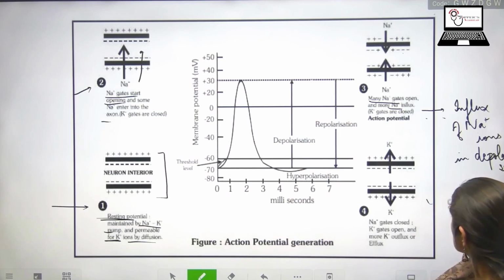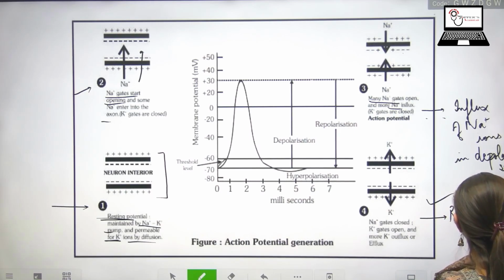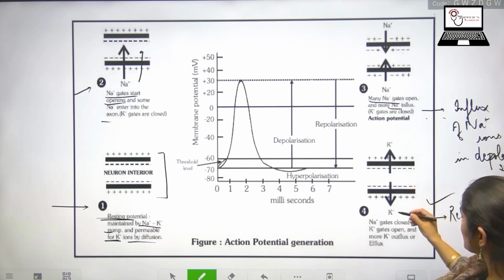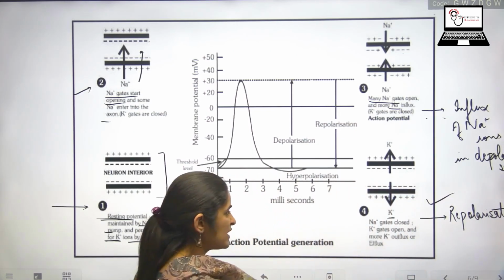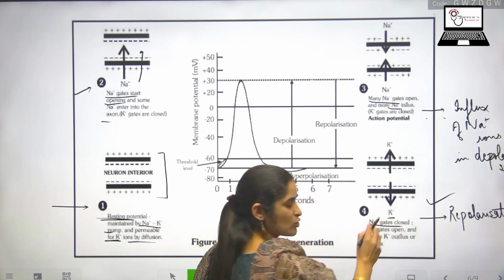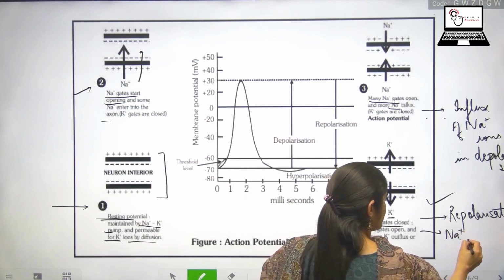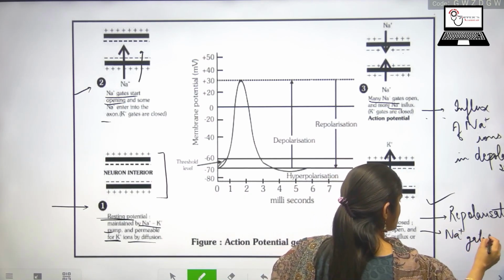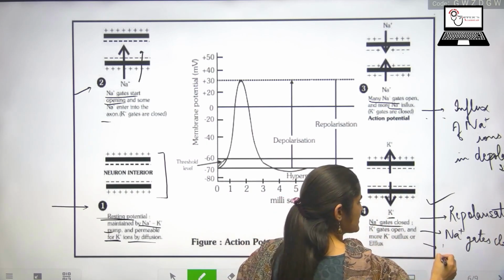The next step is the fourth step, that is repolarization. In this step, efflux of potassium ions takes place, which means sodium gets closed here and potassium gets open.